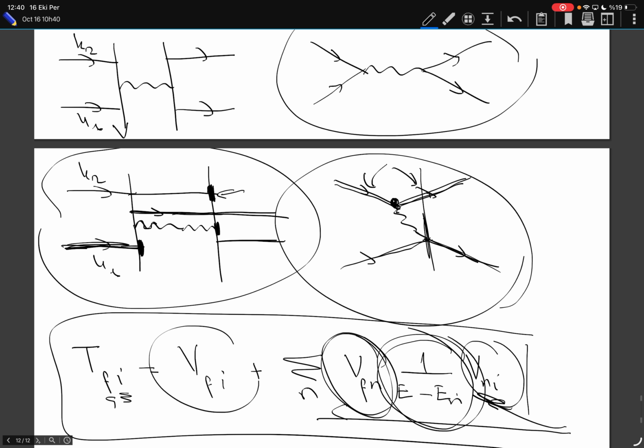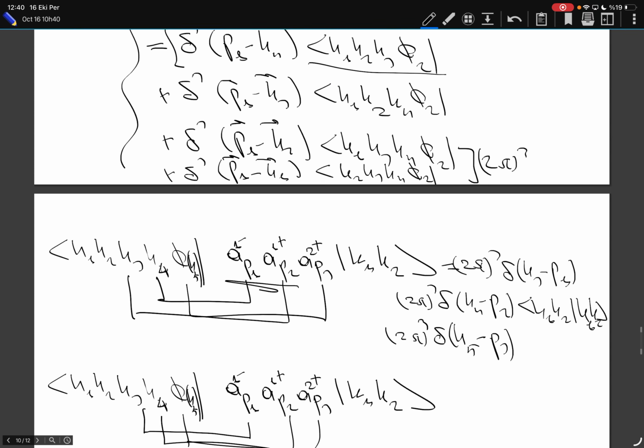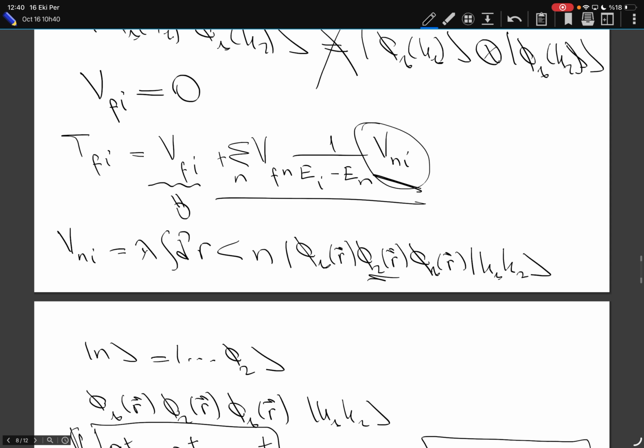But this creation and annihilation occurs at a particular point in space, right? Yes. And what he means by this particular point in space is, let's look at our potential term, our interaction. You see, all these fields are acting at the same point.